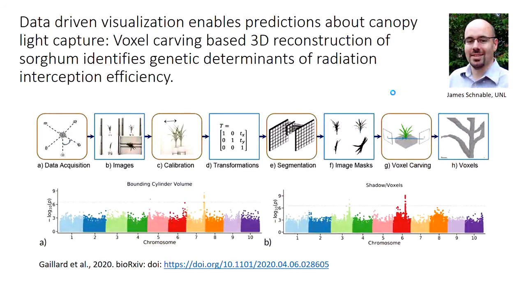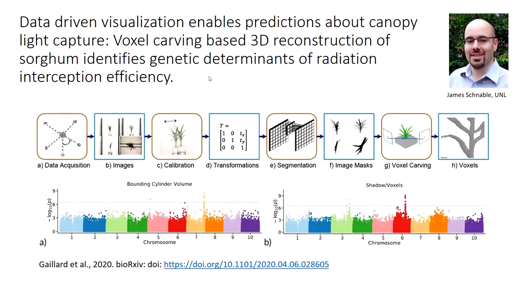And in fact, Bedrich is working with James Schnable at Nebraska, and they have just recently published a paper using this data-driven visualization to make predictions about canopy light capture, and this time it's in sorghum. The title of the paper is Voxel carving-based 3D reconstruction of sorghum identifies genetic determinants of radiation interception efficiency.